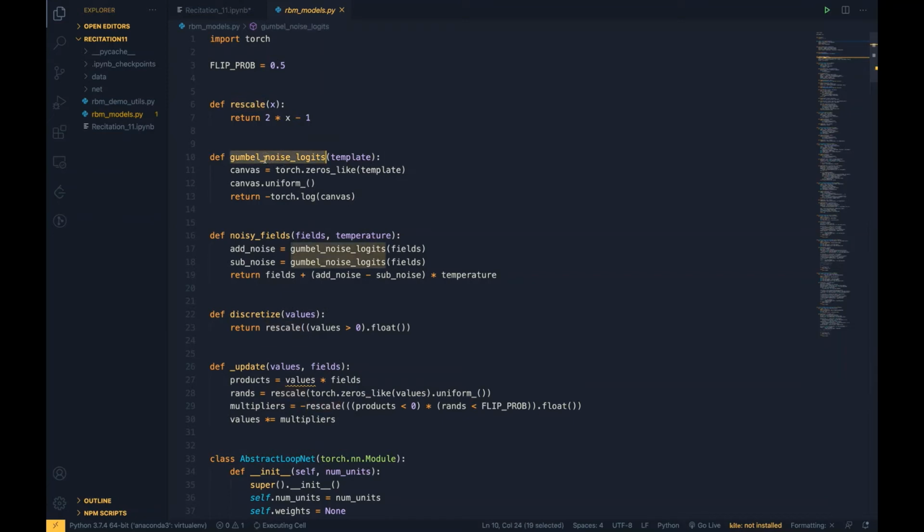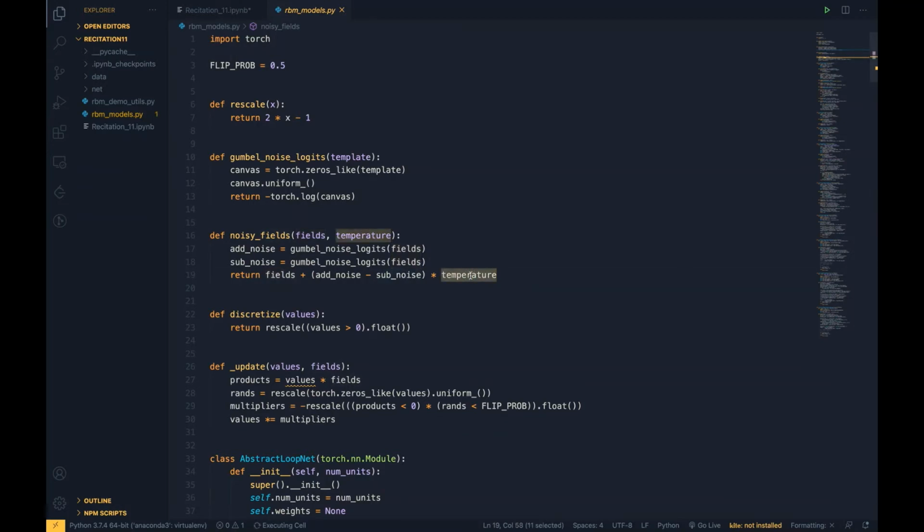The gumbel noise logits function takes a template and returns random numbers that have the same shape as the template. It is used in noisy fields, which takes fields and temperature. It generates two noises, an add noise and a sub noise, using the gumbel noise logits function, subtracts these two noises, multiplies by the temperature, and applies it to the fields.